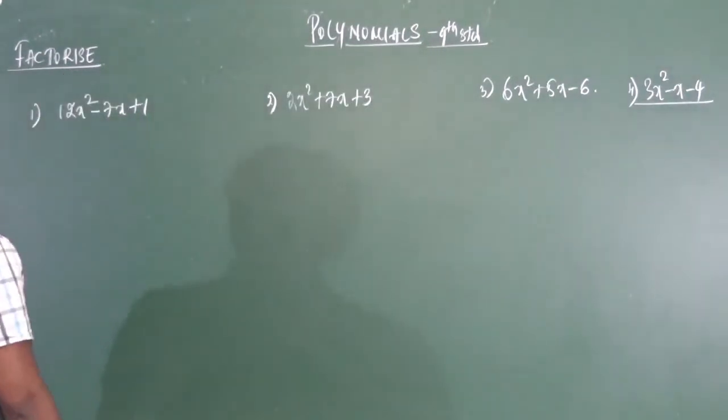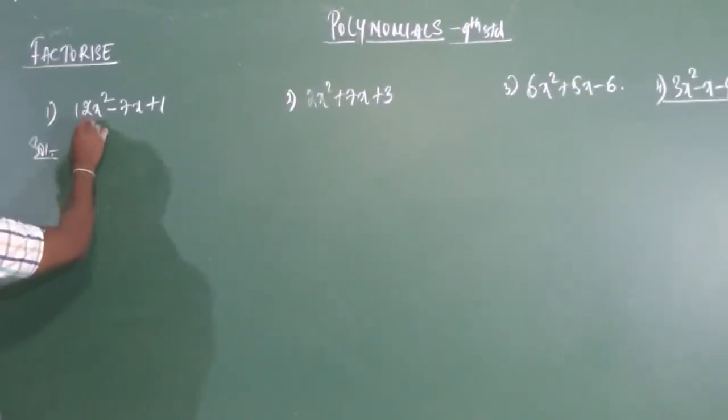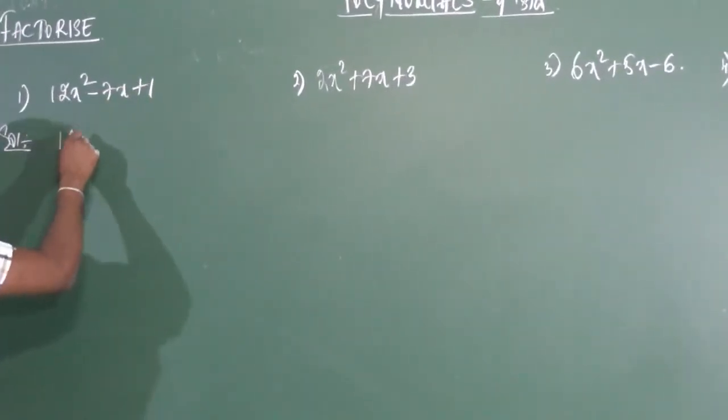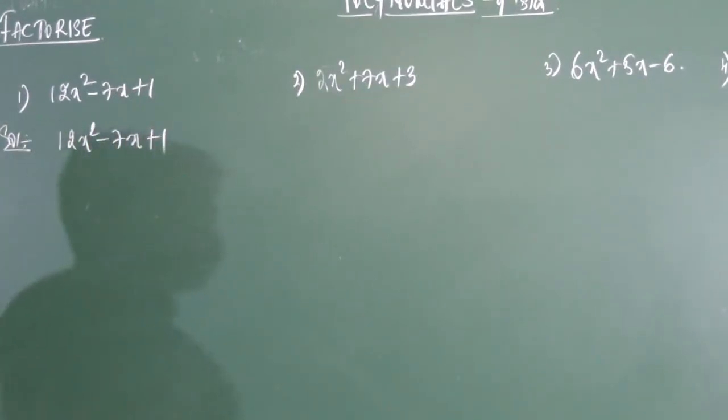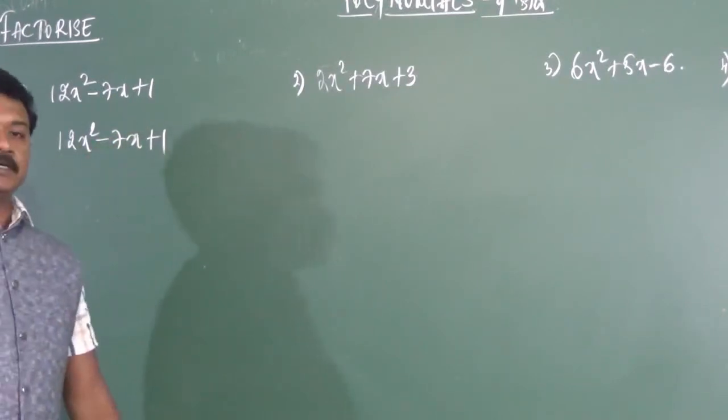Factorize 12x square minus 7x plus 1. This is the given quadratic polynomial. Here the variable is in x square, and the variable also exists in degree 1. A quadratic polynomial should always be written in the standard form first.